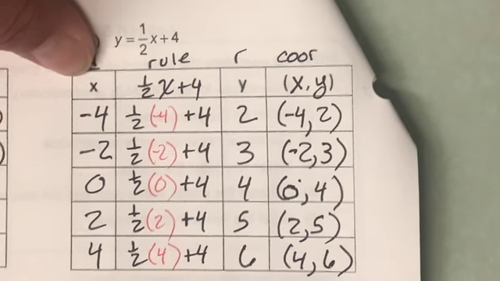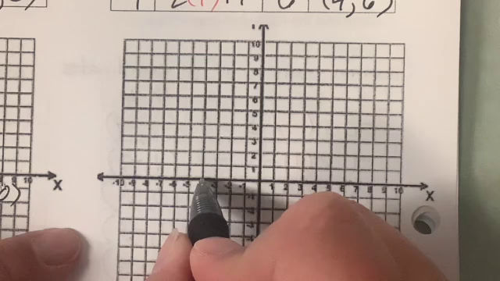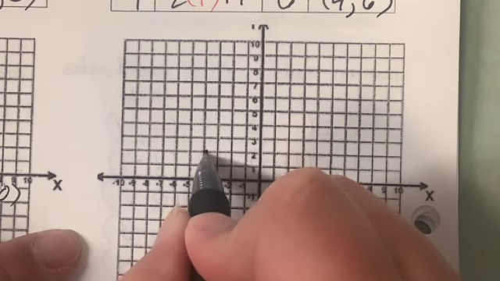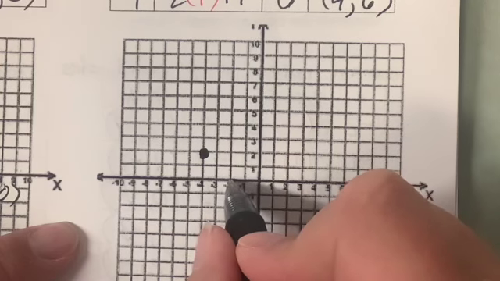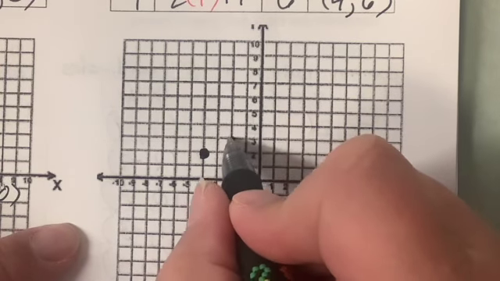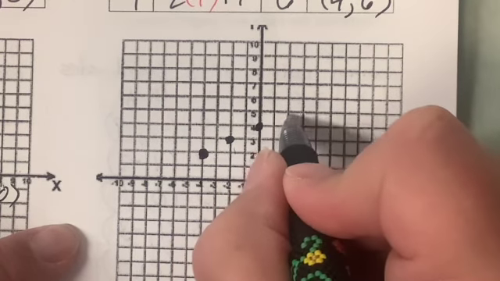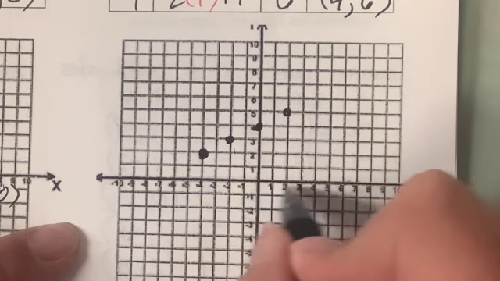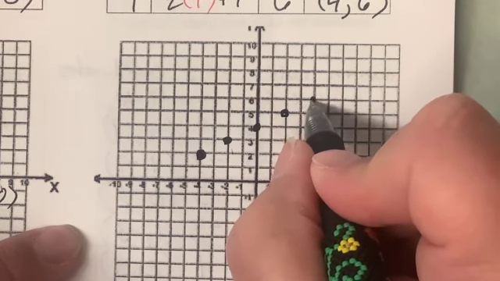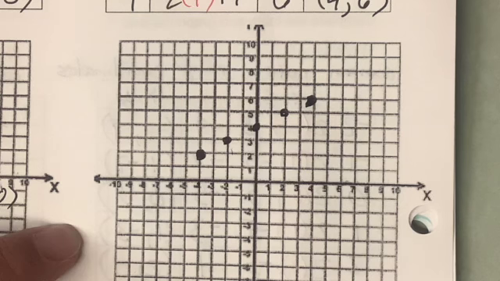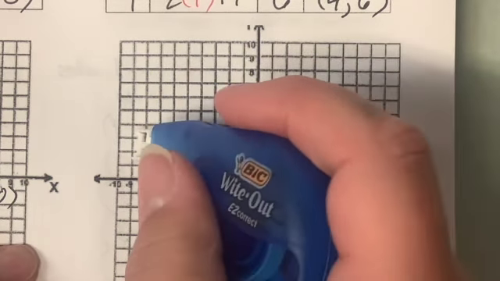Don't forget to label your points. -4, +2. -2, +3. 0, 4. +2, +5, +4, and 6.